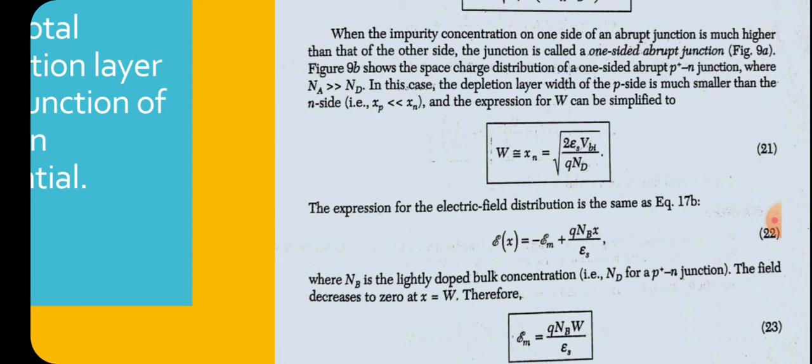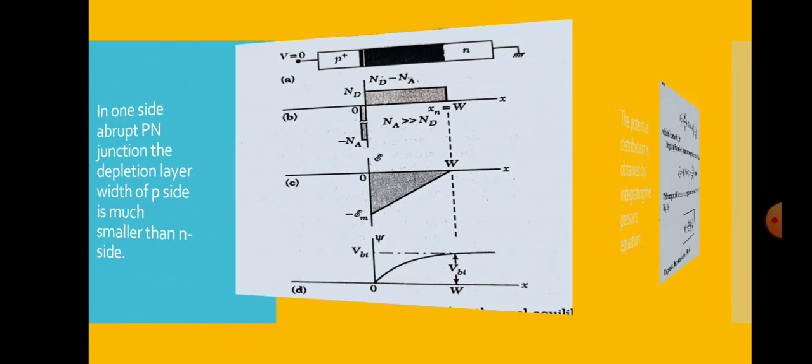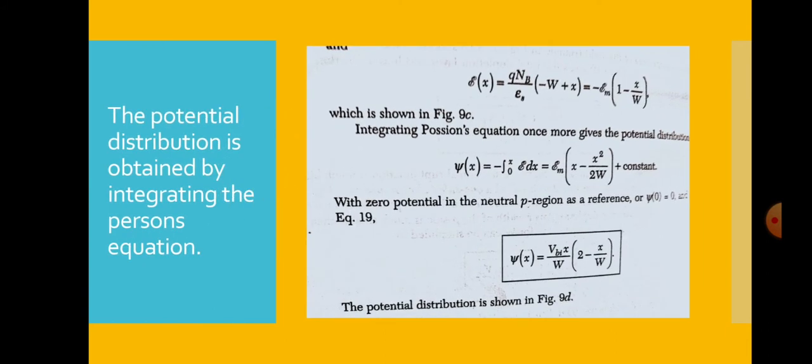Here NB is the lightly doped bulk concentration, that is ND for a P plus N junction. The field decreases to 0 at x equal to W, that is Em equals q NB W divided by epsilon s. So the electric field becomes E(x) equals q NB by epsilon s times (minus W plus x), which is equal to Em (1 minus x by W).